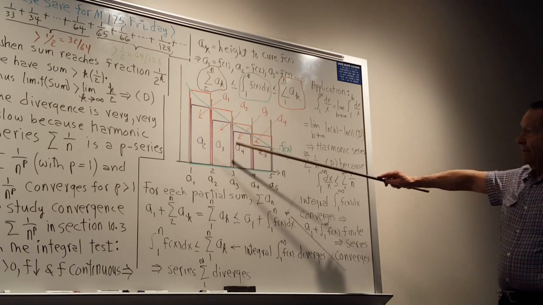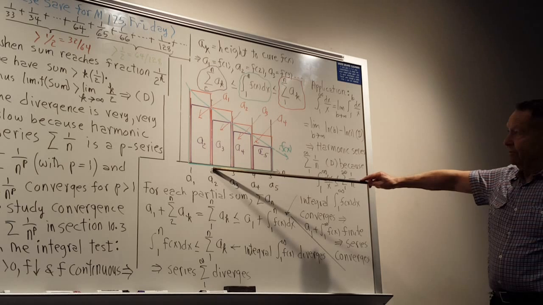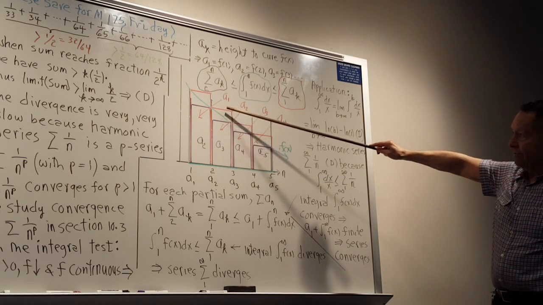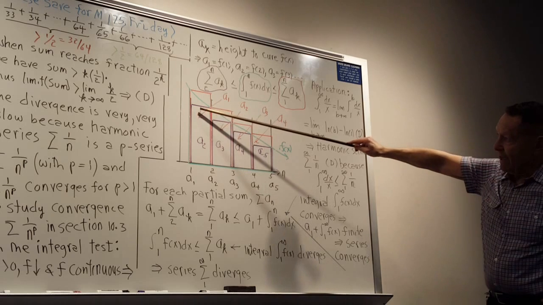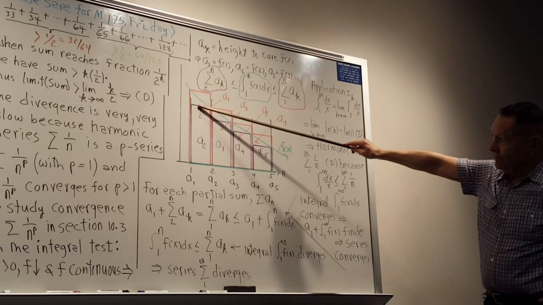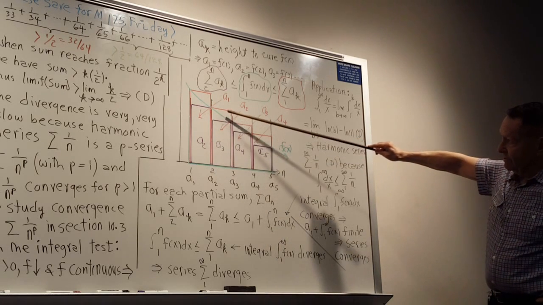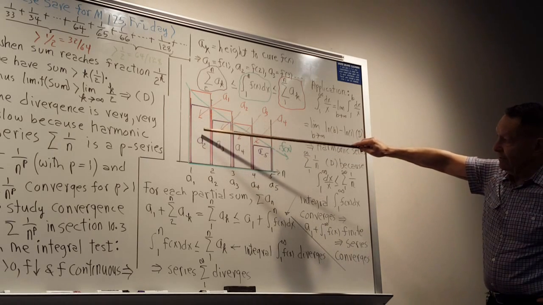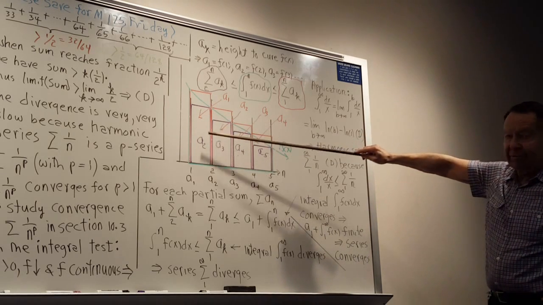On the other hand, if you go over to 2 and get A2, which is the height of this red one, and go back to the left, there's a purple one, which is the same area, that I've indicated here and written A2 in purple.